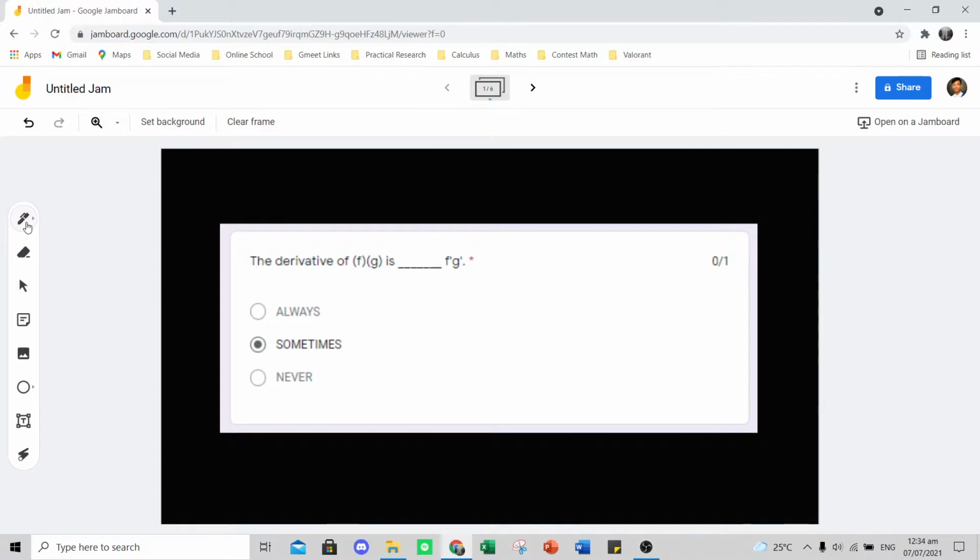But here we have a choice of sometimes, and as a mathlete, I would try to investigate or rule out the case for sometimes, because it's not clear whether it's really never or sometimes. It's definitely not always, because it's not the product rule.